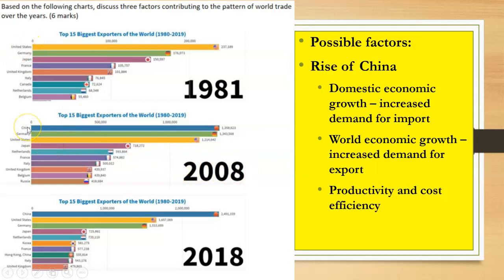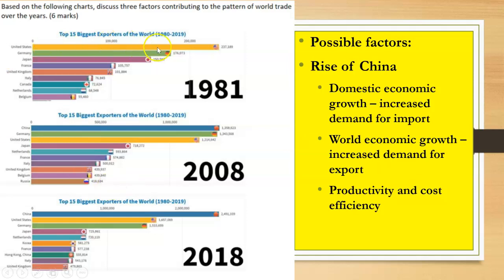In 2008 you will see China and Germany overtook the US, and then in 2018 China overtook the US as well. So in other words, the most significant change is China overtaking the other countries in its role as an exporting country in the world.